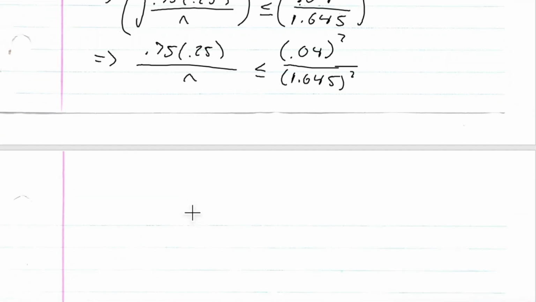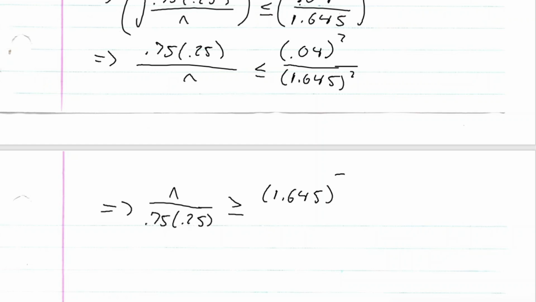And now we can take the inverse of both sides so that we flip both fractions. But whenever we do that, we have to make sure to flip the inequality. So n over 0.75 times 0.25 is going to be bigger than or equal to 1.645 squared over 0.04 squared.